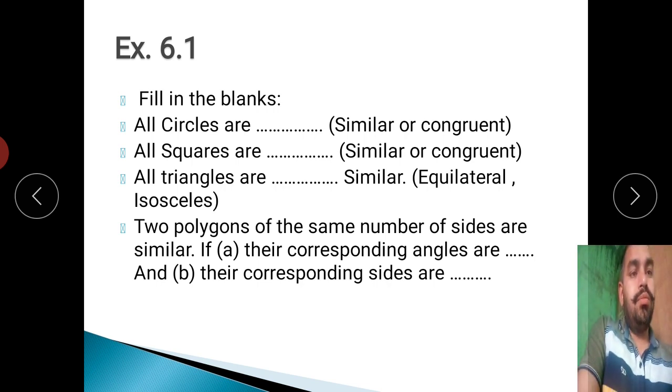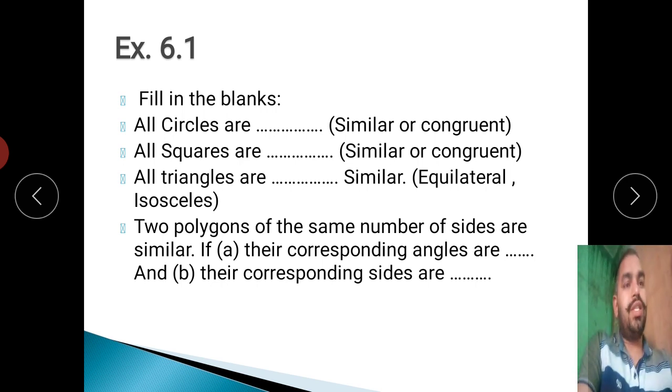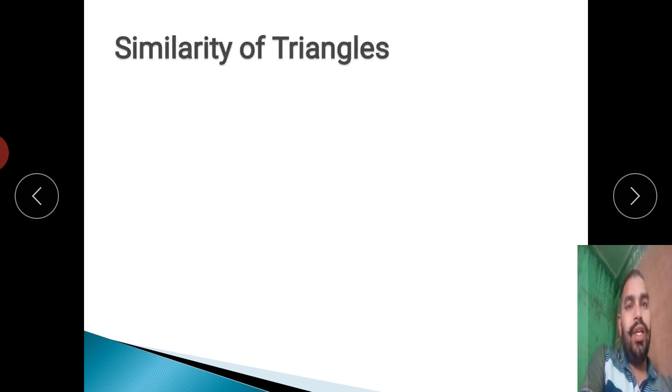We took a bulb and put a quadrilateral ABCD parallel to the horizontal level, and found the shadow image of that quadrilateral. The shadow and quadrilateral ABCD are similar if all their angles are equal and the sides are in the same ratio. Yes or no? Let's move ahead.